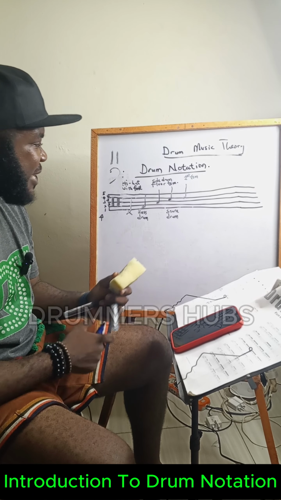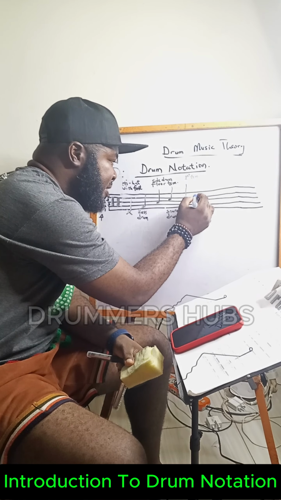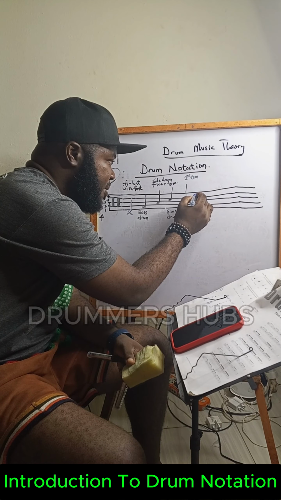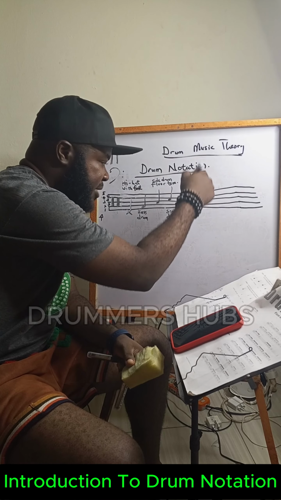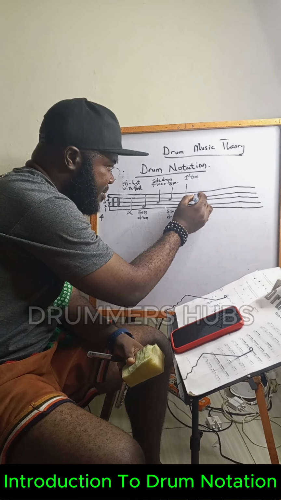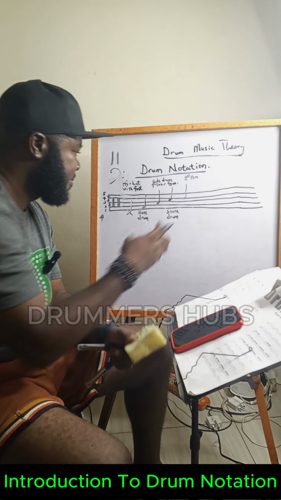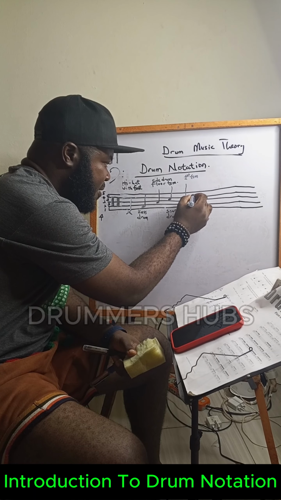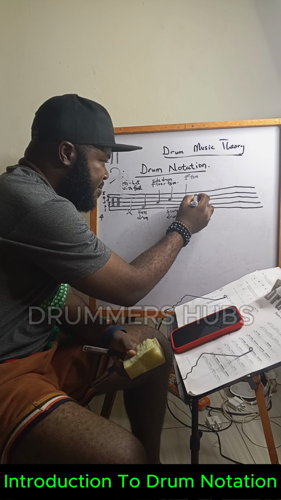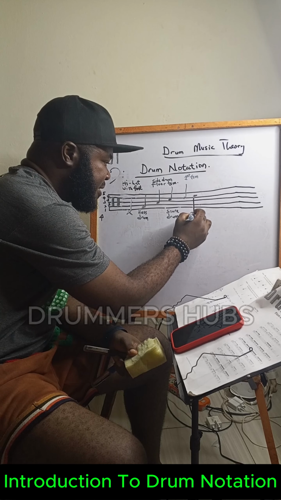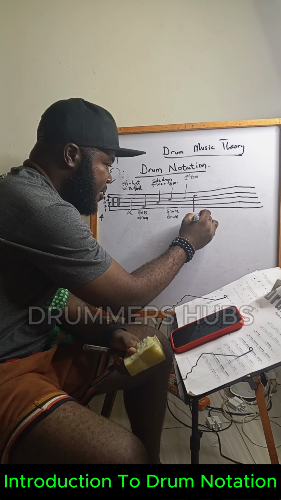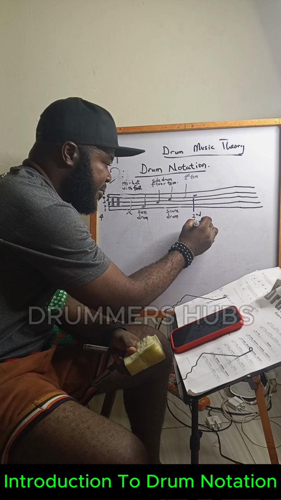Then after line 4, we have space 4. I'm going to take the stem of this down. Space 4 is the second or the middle tom, whatever you want to call it.